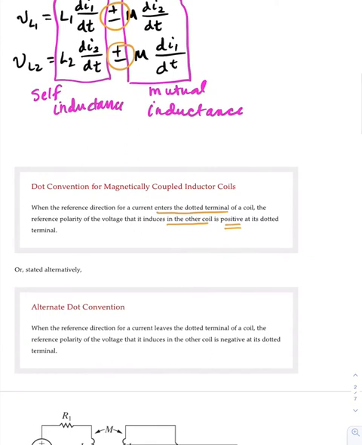Another way of saying this is when the reference direction for a current leaves the dotted terminal of a coil, the reference polarity of the voltage that it induces in the other coil is negative at its dotted terminal.